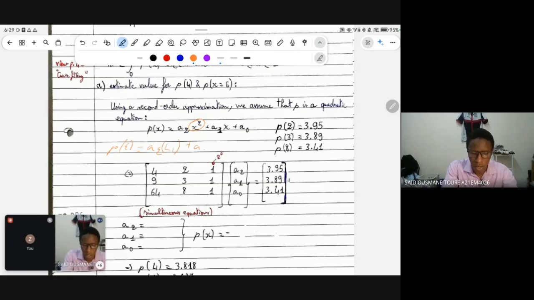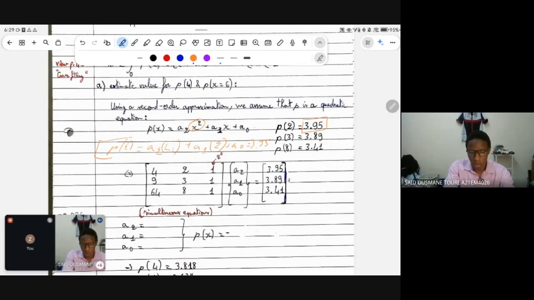Plus a1 times x here, times 2 plus a0 equals to how much? 3.95. So 3.95. Okay? So this is the first equation that you will have. You do the same for all three. So you will always have a2 here, a1 here, and a0. And you will have the result here, 3.95.